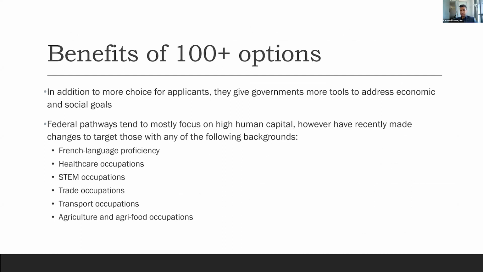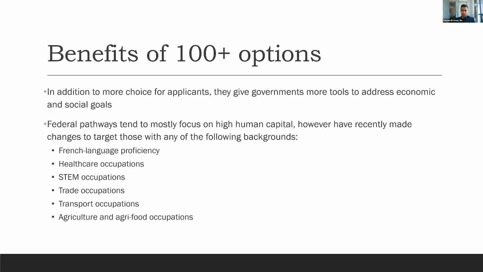Extending the discussion of the pros of our immigration system, one of the benefits of having so many options for economic class immigrants is that they're basically able to identify pathways that can give them more flexibility to pursue immigration to this country.